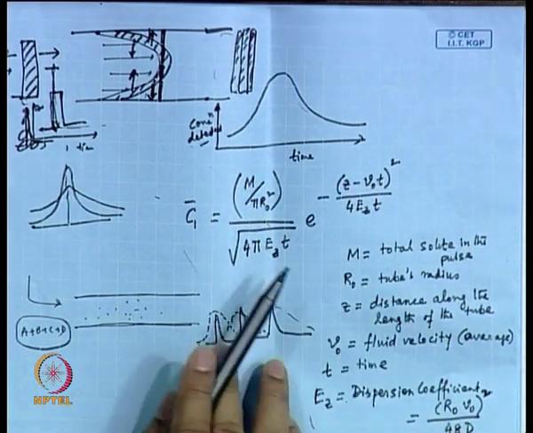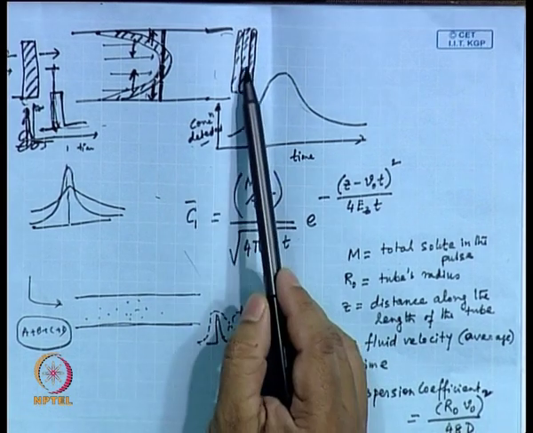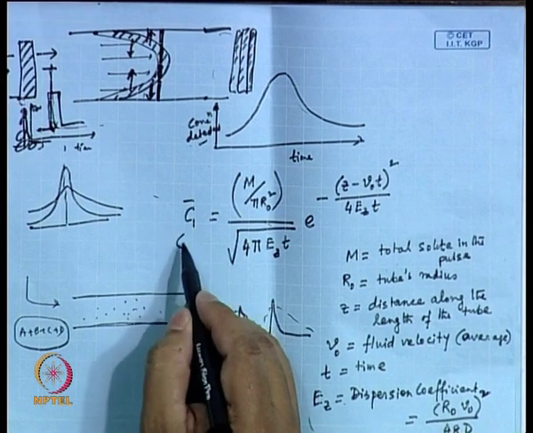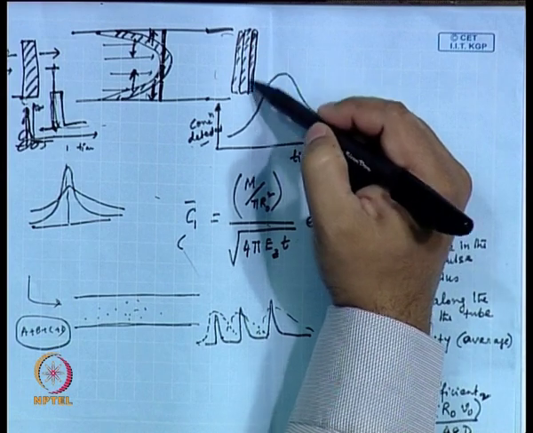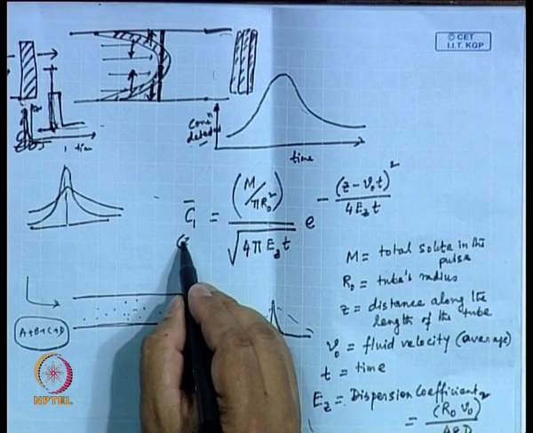And at the very outset I said that if somebody tries to express this, C1 bar is the average concentration over the entire cross section for a particular layer, as a function of z and t.